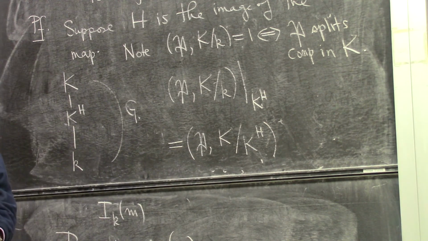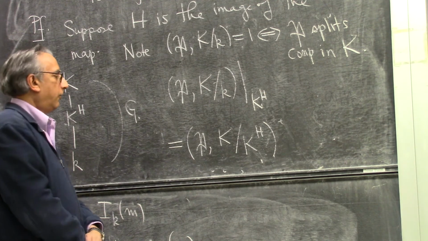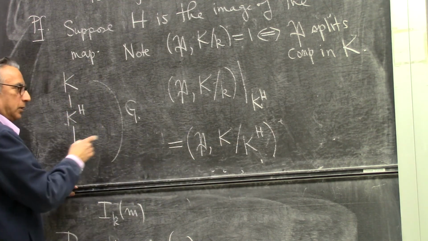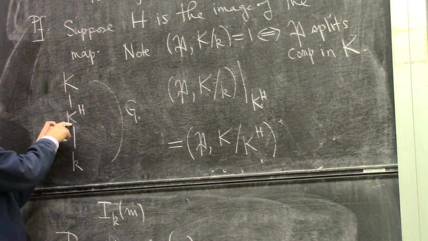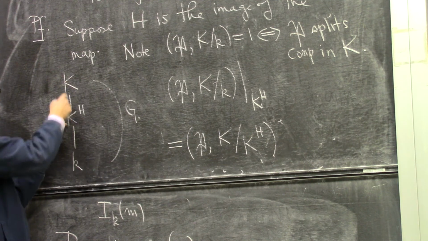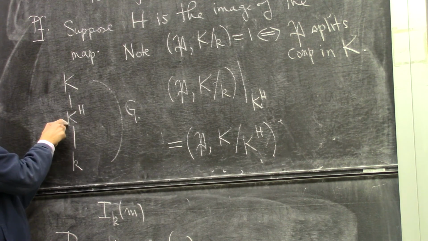It's the functorial property. Okay, so I know that the Artin symbol restricted to this field is trivial. That's because H acts trivially on this base field. It's the fixed field of H, right?